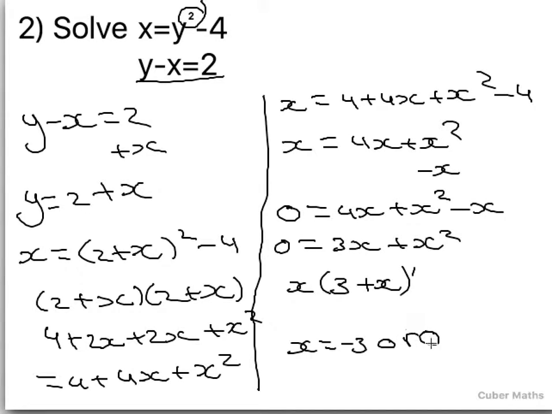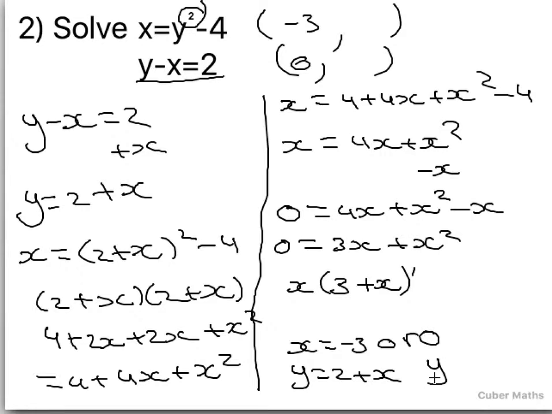So again, just like before, we're going to resubstitute these back into our equations. So if we take this equation here that we've already made equal to y, we've got y is equal to 2 plus x. So our two sets of brackets are going to be when x is minus 3 or when x is 0. So if we start with when x is minus 3, we're going to have y equals 2 minus 3, which is going to give us y equals minus 1.